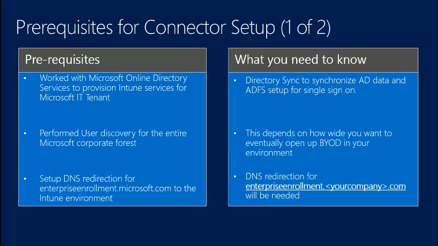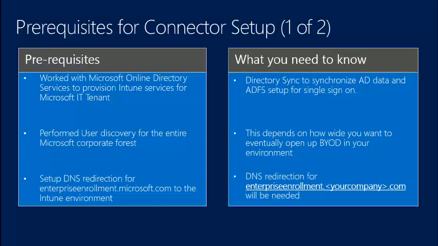And the key reason behind this is when you're signing up your Windows Phone 8 or your RT device, there is logic already hard-coded in there that it will strip out the public domain name information from your UPN and try to redirect you to enterpriseenrollment.whatever your public domain is.